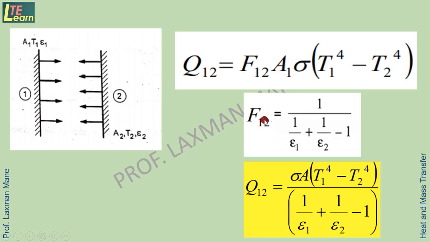By introducing this shape factor at this place, we write the equation for heat exchange between surface 1 and 2, means Q12 is equal to this. Now in this case, areas A1 and A2 are the same. That's why A comes outside of this bracket.